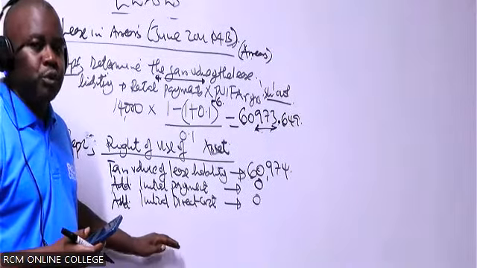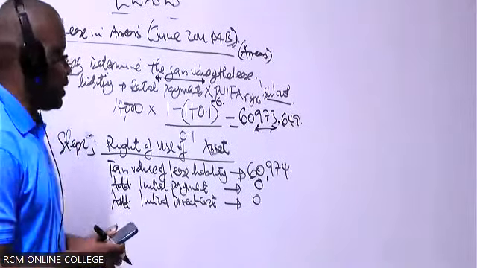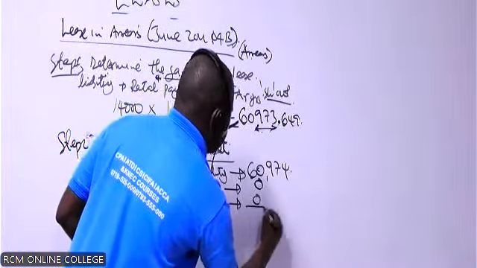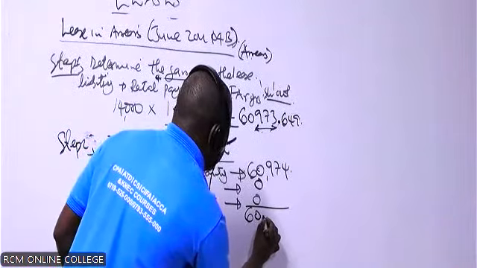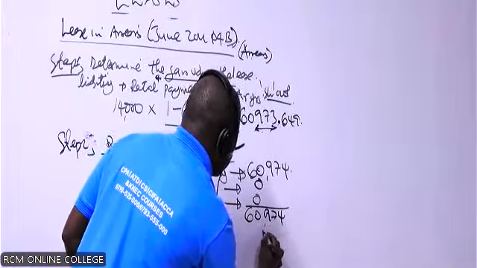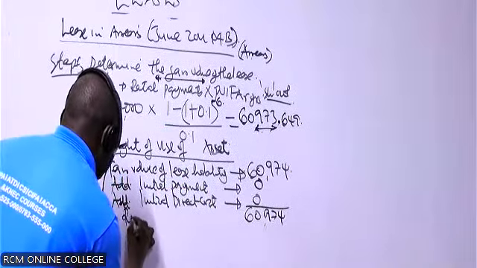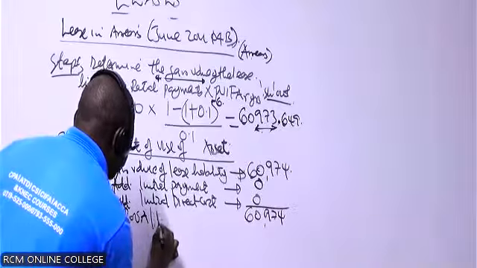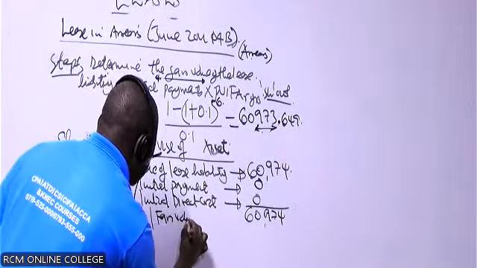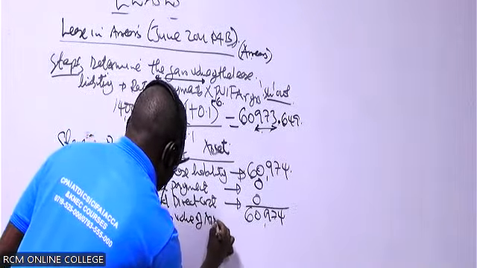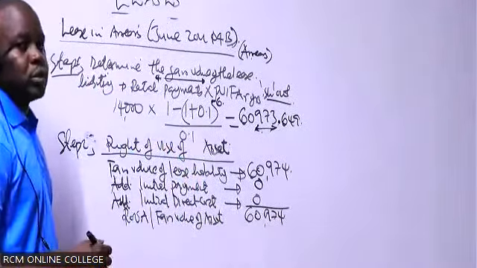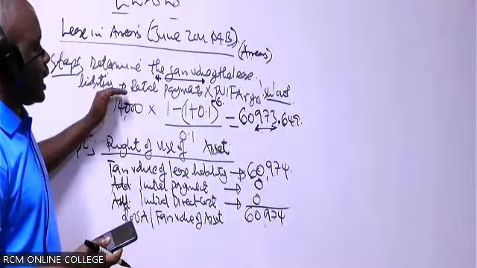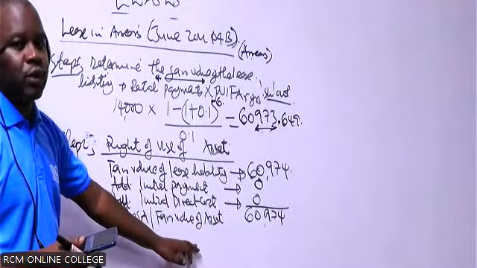And therefore, our right of use of the asset here will be 60,974. So we have here the right of use of the asset, or we can say the fair value of the asset, is 60,974. So these are what you could have computed and arrived at.